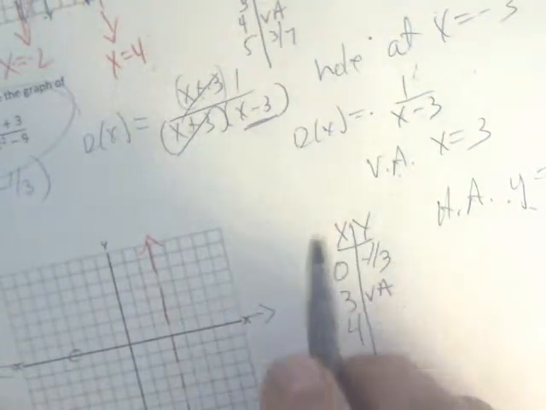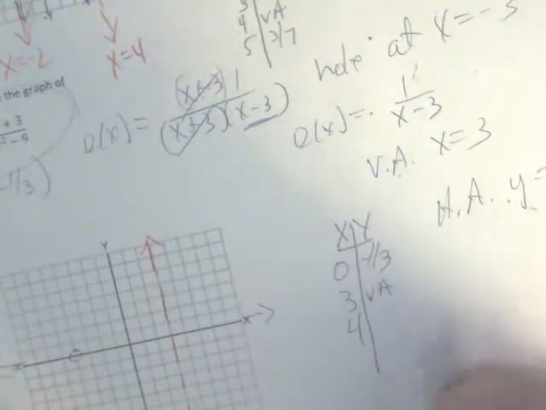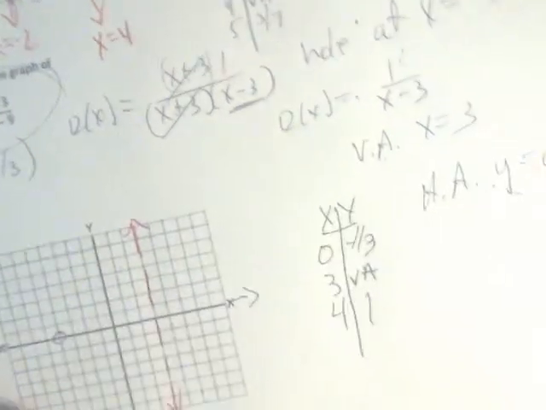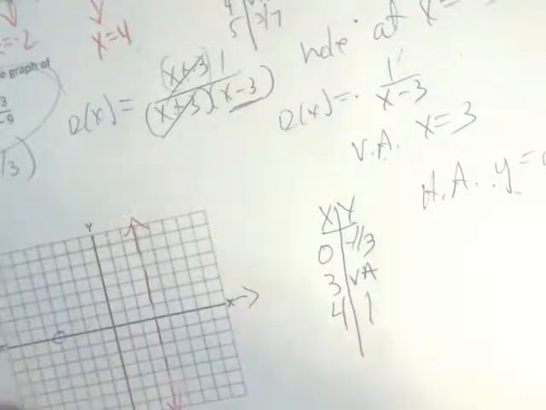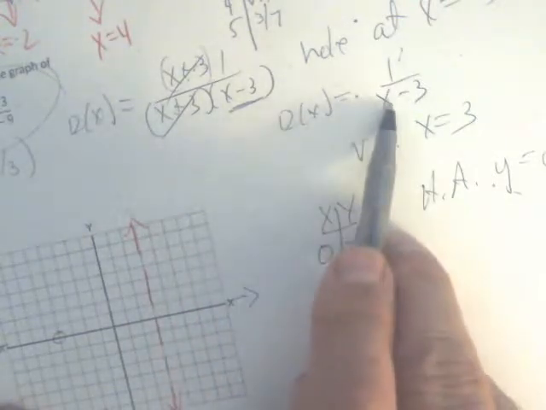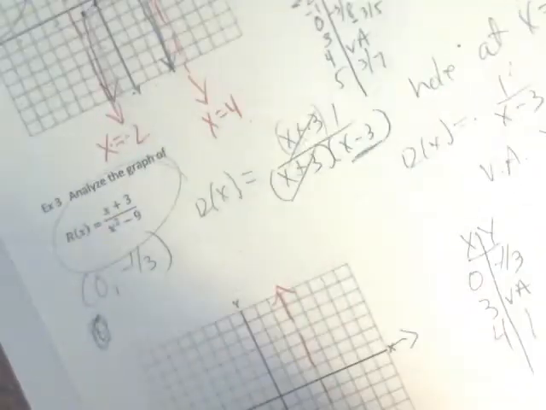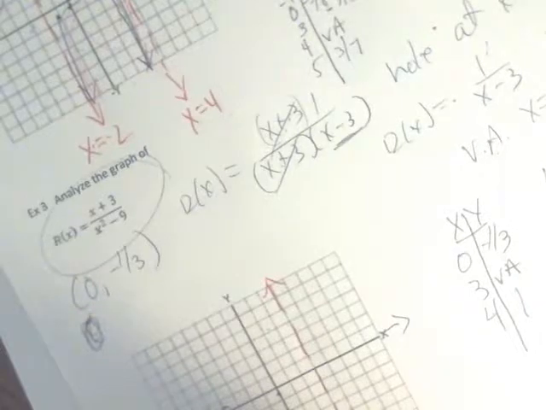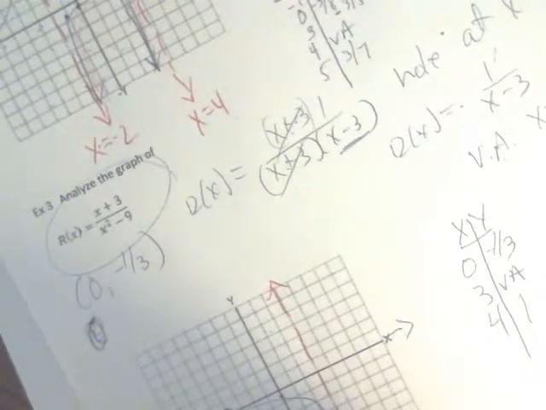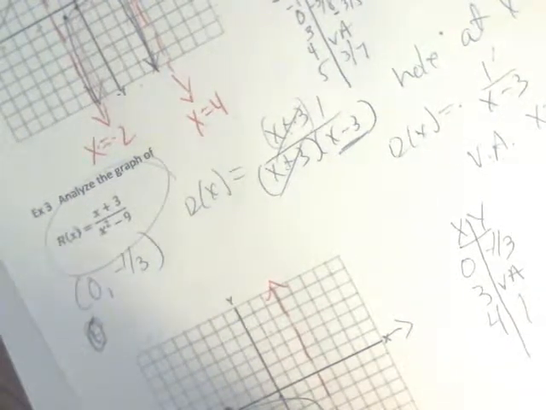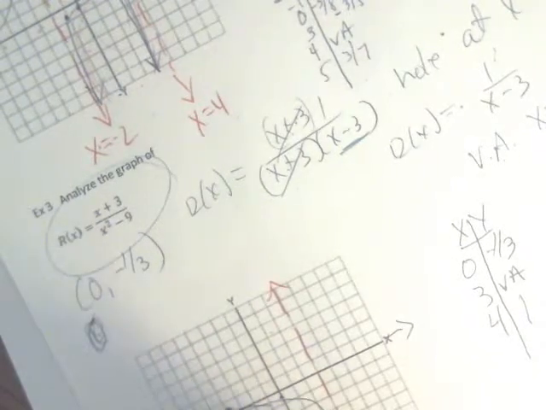And then when x is 4, I get y is 1. Put it back up here into this equation. X is 4, 1 over 1 is 1. So at 0, negative 1/3, I know it goes right down through here, but right here is where our hole is. So it comes up to here, then it continues on around it.